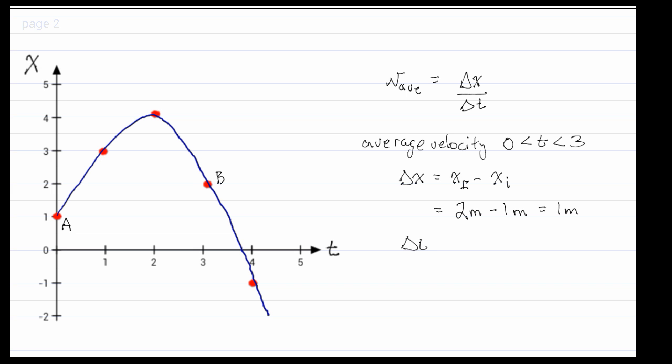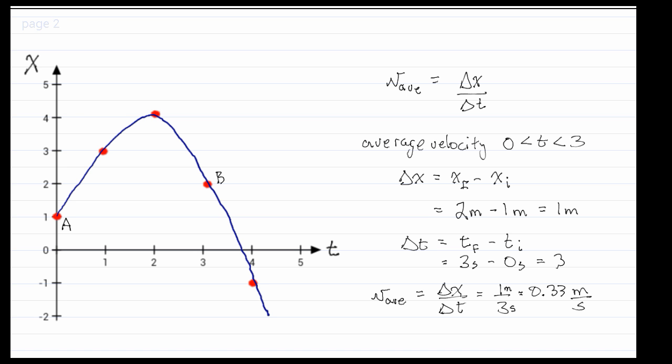And delta t is our final time minus our initial time. That final time is 3 seconds, and we subtract 0 seconds, so that's 3. So we can compute the average velocity as delta x over delta t, which is 1 over 3, which is about 0.33 meters per second. So that's our average velocity.